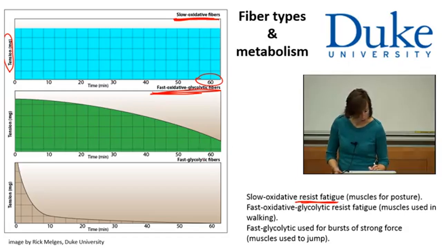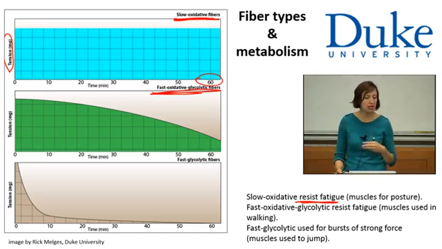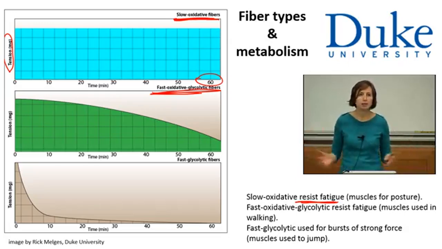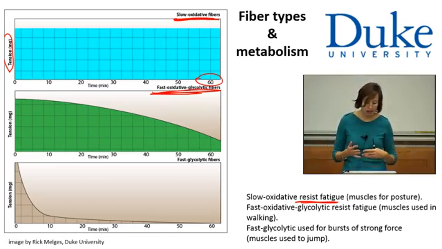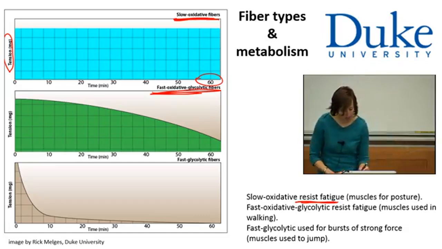So muscles for walking may have a fair number of fast oxidative glycolytic fibers, where you can walk at some speed for all day without fatiguing too much. So they have a medium amount of ability to resist fatigue.